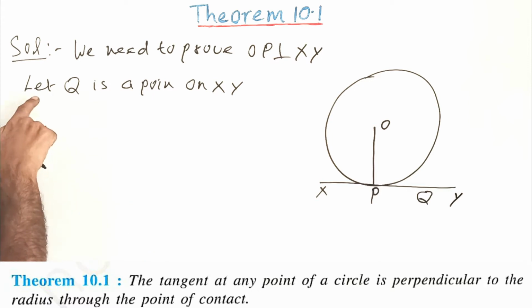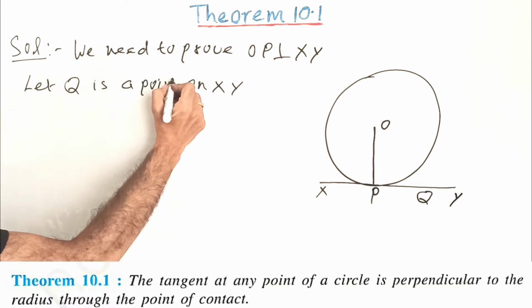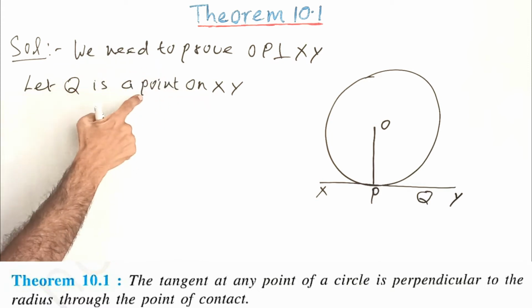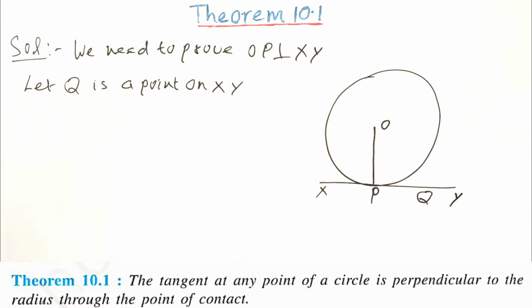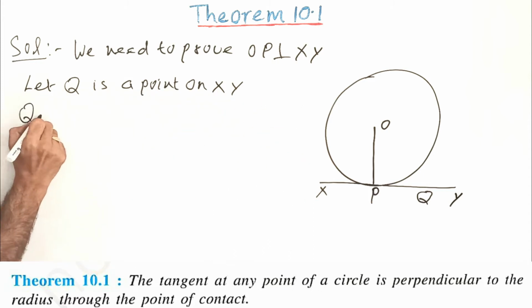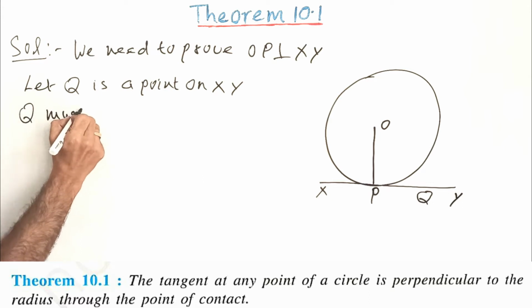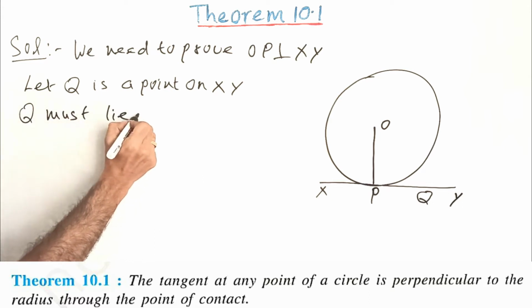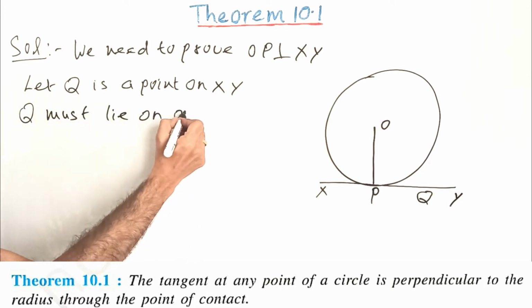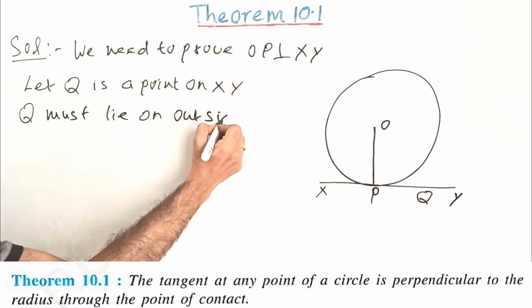How? Listen, let Q is a point on XY. So Q must lie outside the circle.